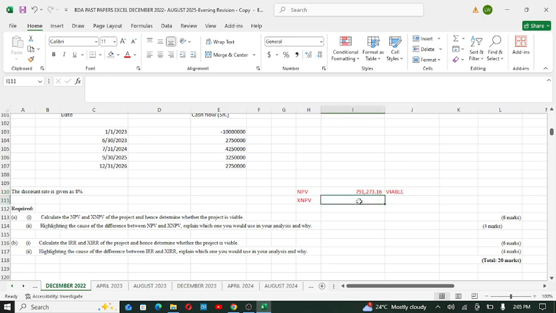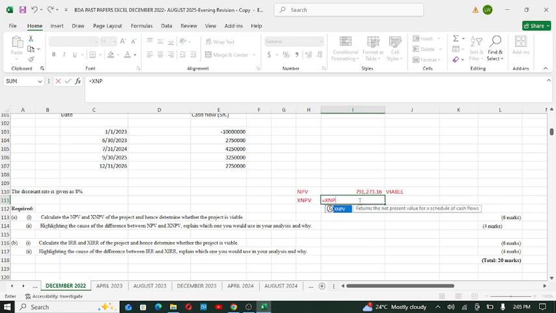Let's look at the XNPV. Just type XNPV, double click to activate, then rate. We need to start with the rate. Our rate is 8%. Comma. Highlight all the values, including the outflow. Comma. Then next is dates.